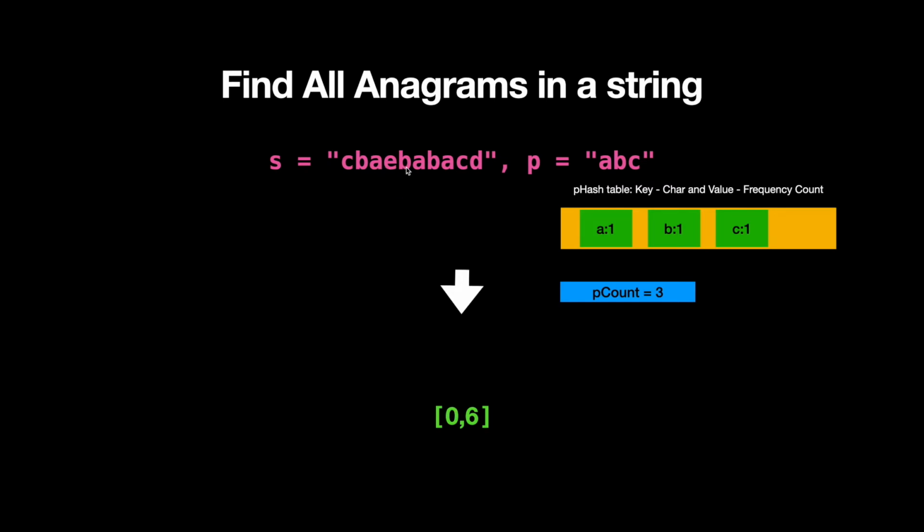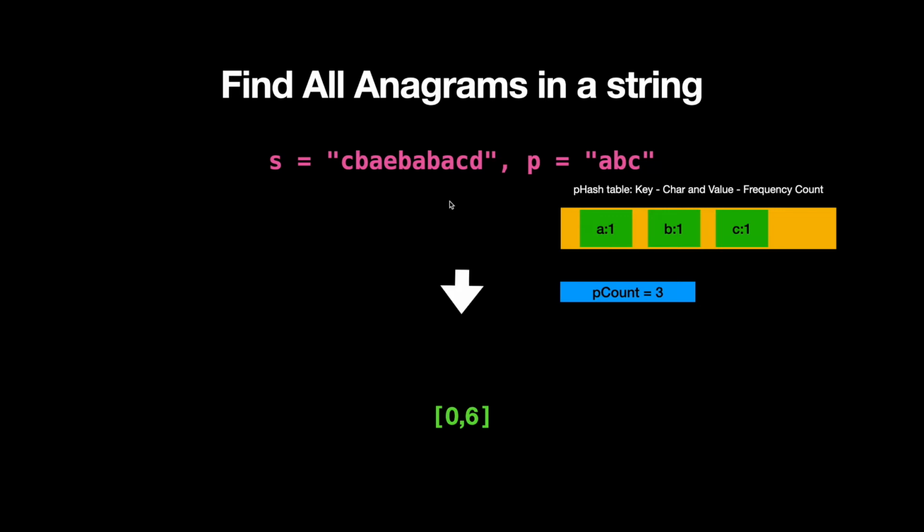Similarly, we'll loop through this whole string with a window of 3. We won't be looping through character by character because we can't compare single characters. We have to compare a string of 3 because our P is ABC, which is of count 3, right?